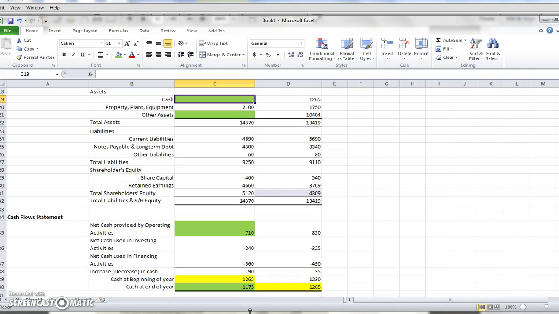Let me see if I can find where that is. There it is. So here's the cash. Cash at the end of the year is the same as that. There we are. Now we can figure out the other assets.